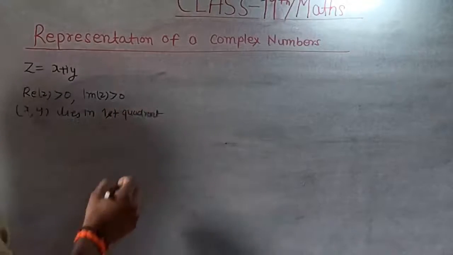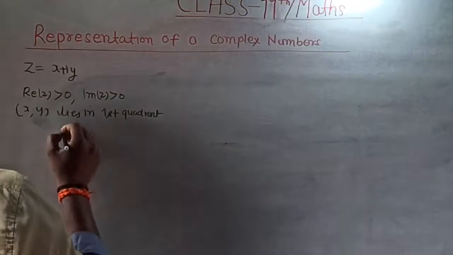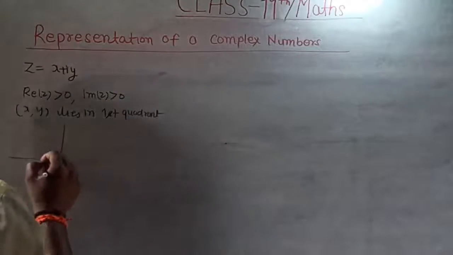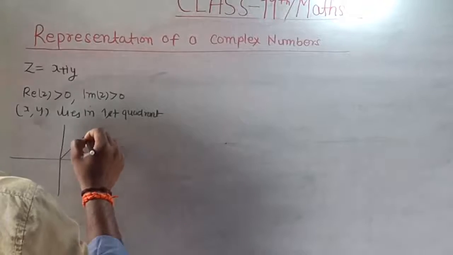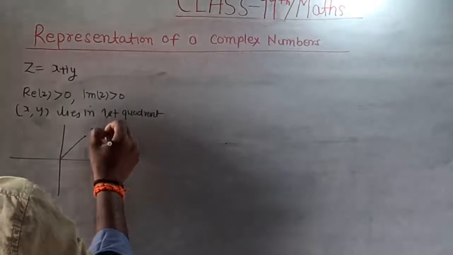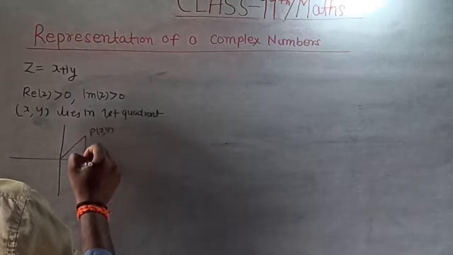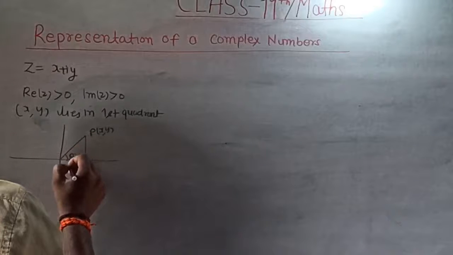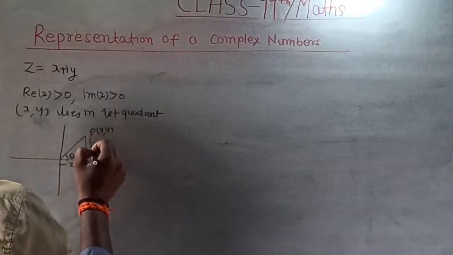Here this is P (x, y), this is theta, this is x and this is y.